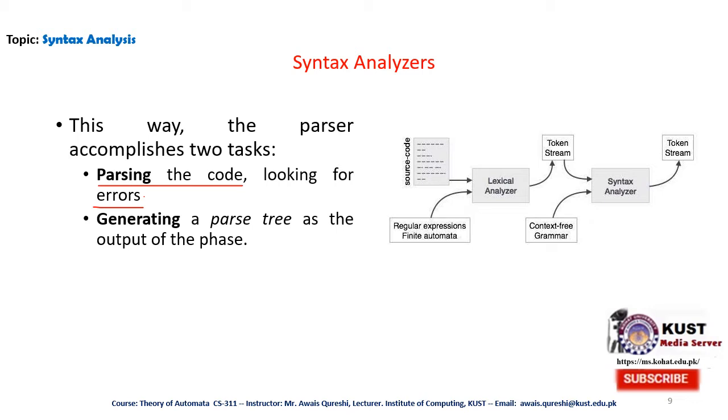After that it will generate a parse tree as the output of the phase. So this is what we call the byproduct or product of the syntax analyzer. The output of the syntax analyzer is a parse tree.